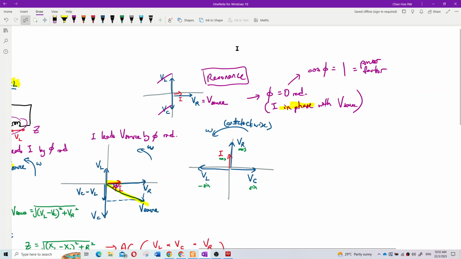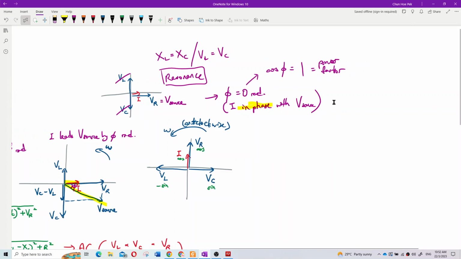Resonance happens when XL equals XC, or we can say VL equals VC. When resonance happens, the power factor cos phi equals 1, phi equals 0, and the current is in phase with V source. In fact, VR equals V source, because VL and VC are cancelled already.